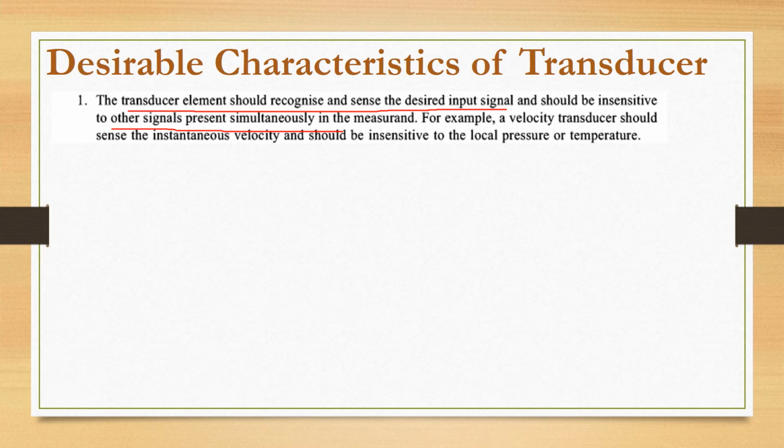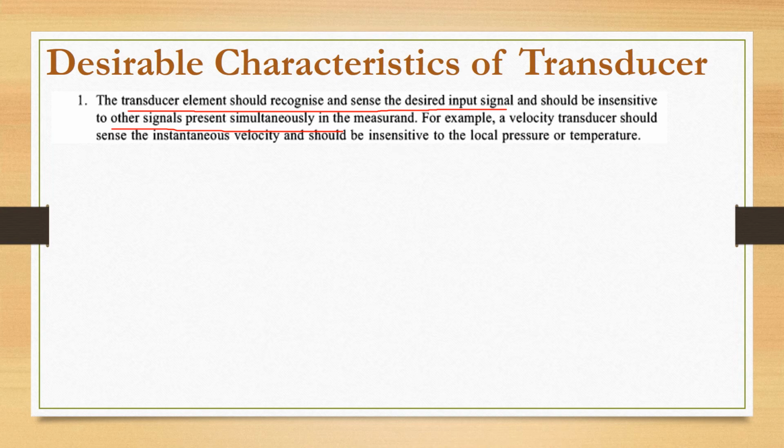Its reading should not change with the change in humidity, pressure, or velocity. If the reading of the transducer changes with these quantities also, then it will not record the correct physical quantity. So your transducer element should be sensitive only to the desired input signal which you want to measure.